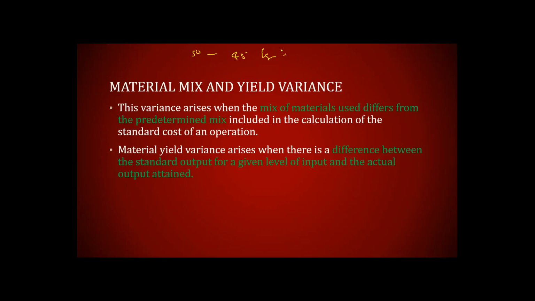But maybe after putting in 50 kilograms, you have got only 40 kilograms of output. So there's a drop in the yield of 5 kilograms. That may be a problem, and you may want to know why we did not produce 45, whereas we produced only 40. So that is an adverse variance.